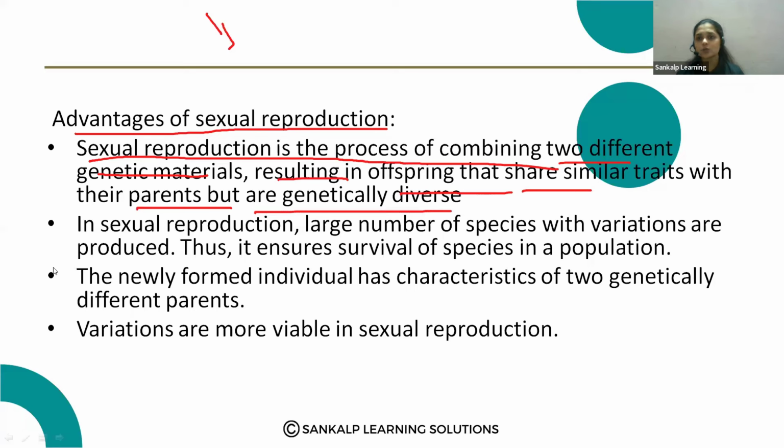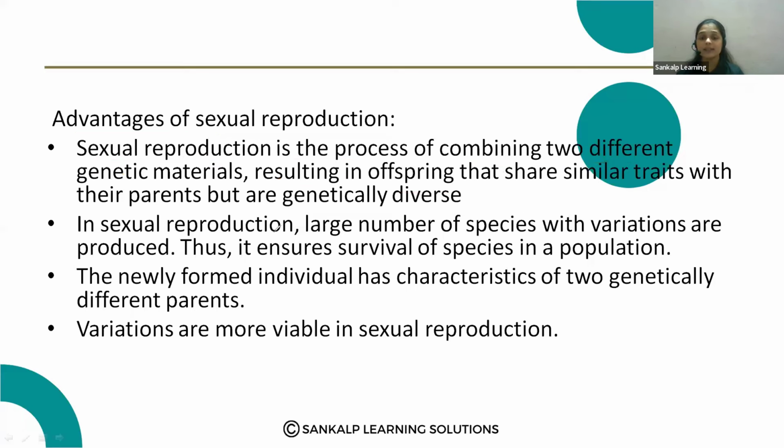They are similar to their parents, but genetically they are not identical. They contain genetic material from both parents. Second point, in sexual reproduction, a large number of offspring with variations are produced. Thus, it ensures the survival of the species in the population.